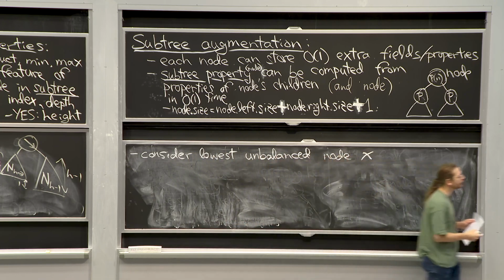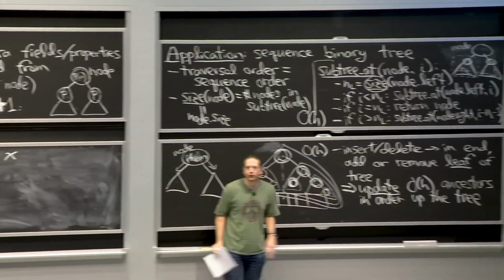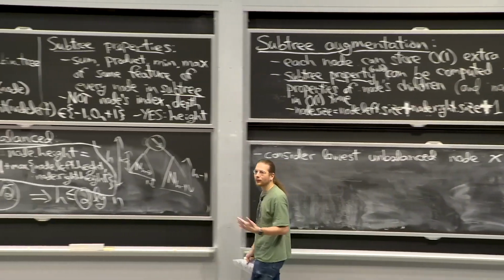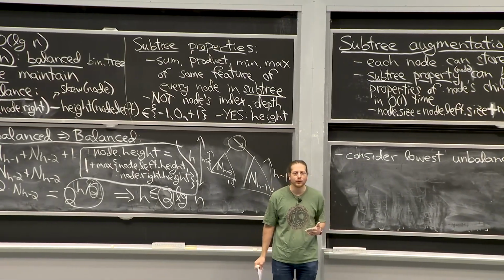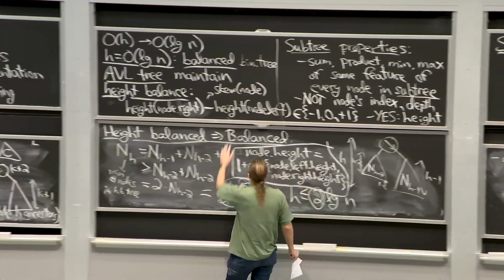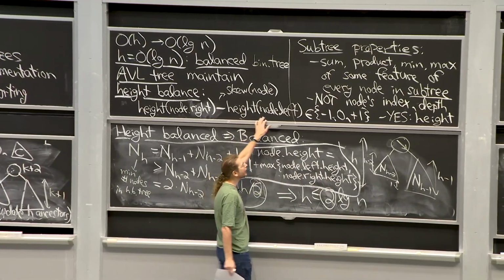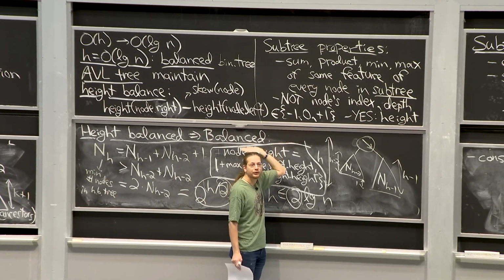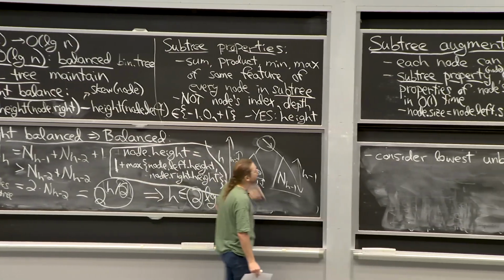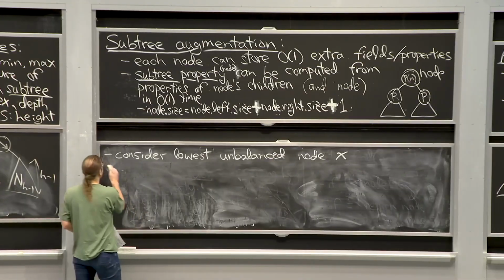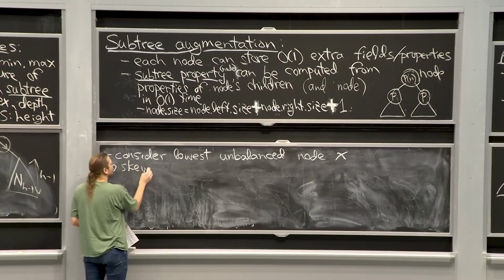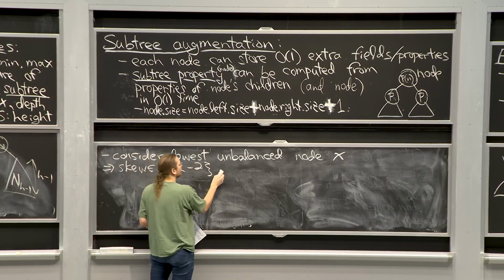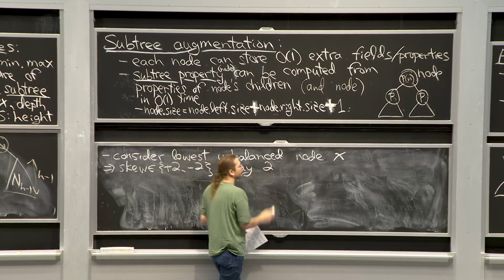Now, because we just inserted or deleted a single leaf, it's only out of balance by 1. Because we only changed height, one height went up by 1 or one height went down by 1. And before, all of our skews were plus or minus 1 or 0. So the bad case is when it's plus or minus 2. If it happens to still be in this range for all the nodes, we're happy. But if it's outside this range, it's only going to be out by 1. So this means the skew is plus 2 or minus 2. And let's say that it's 2, by symmetry.